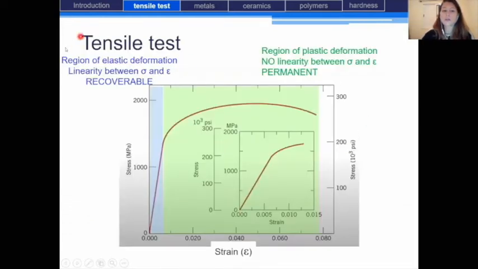So we have described what is happening in the elastic region. We have linearity between the stress and the strain, and it is recoverable deformation.